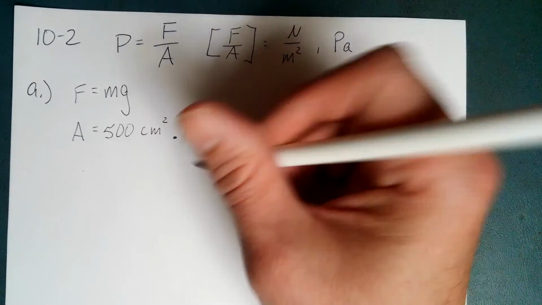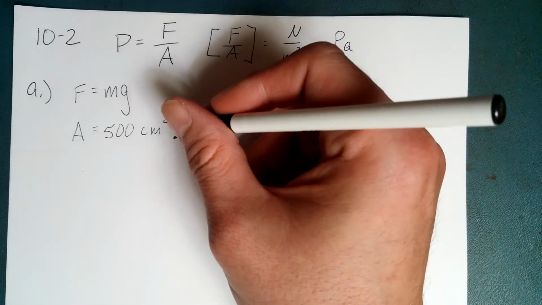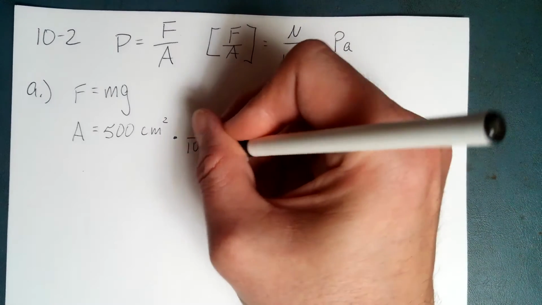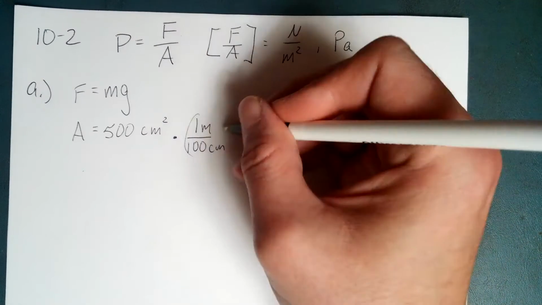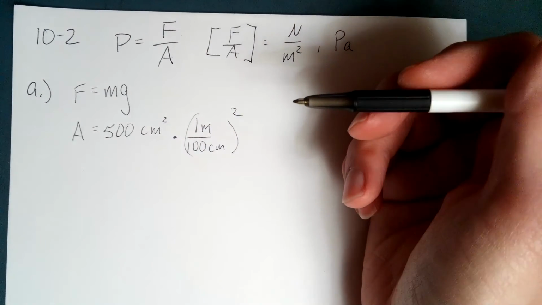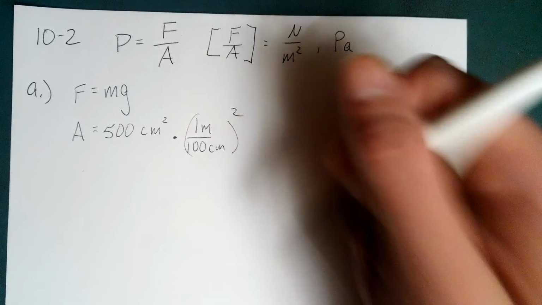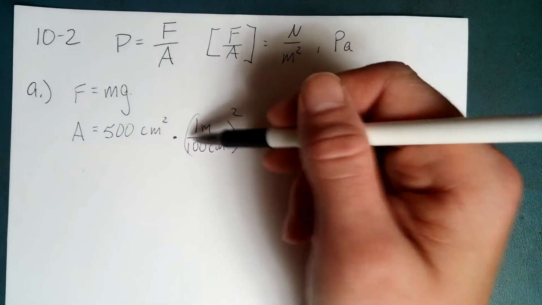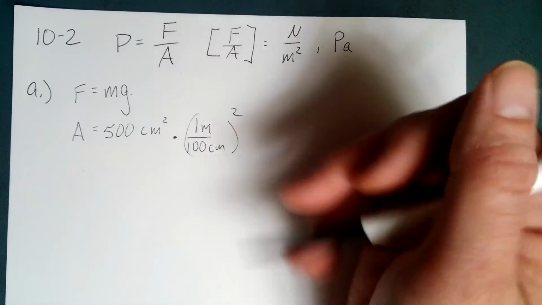The only thing I want to show you here is when you're converting this, it's a square unit, so you're going to go like 1 meter per 100 centimeters, but you got to square this. So calculate the force, do this conversion, and then just divide. Okay.